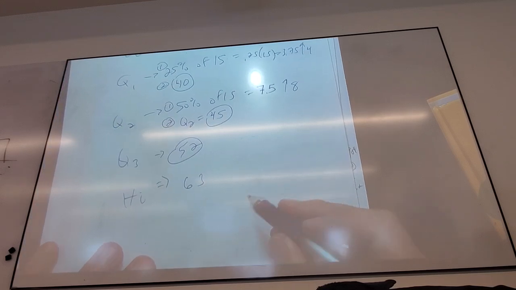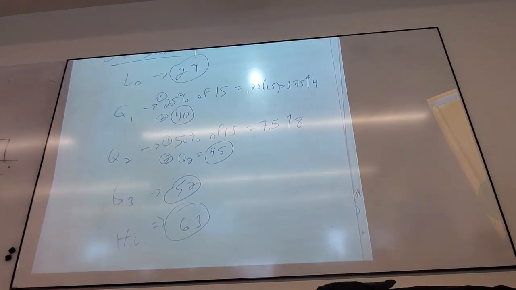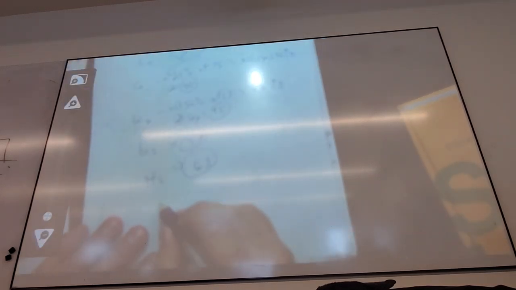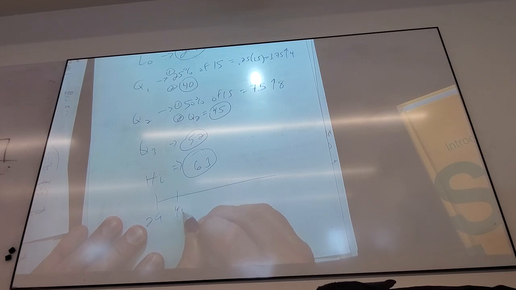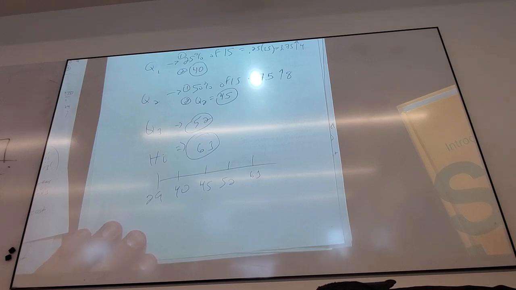So how do I make the box plot? What do I do? You ready? I'm making the box plot. Here I go. What have I done wrong? What is my scale?